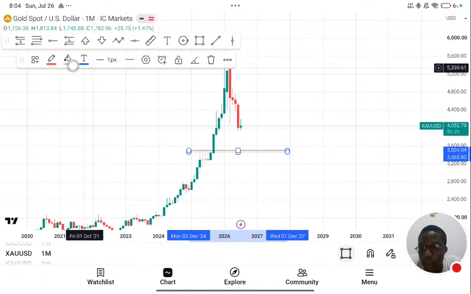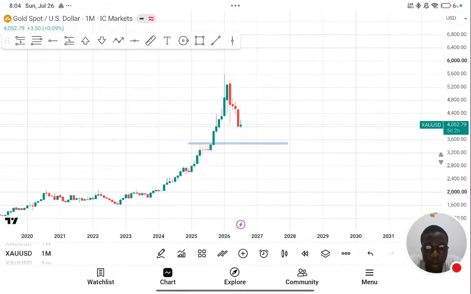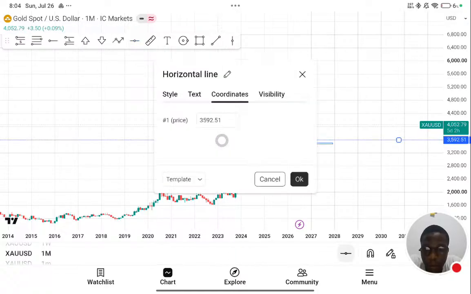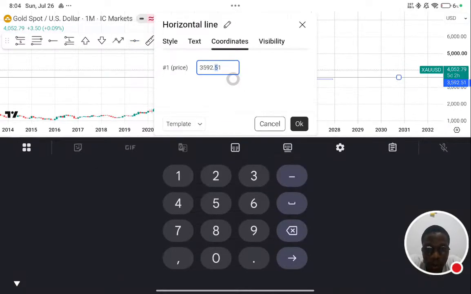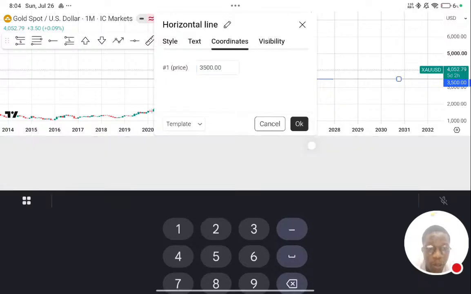It's like price wants to come down to the former all-time high and test it, then continue, which leaves us around 3,500 per ounce. So I'm seeing price coming to around 3,500 if we're not careful.